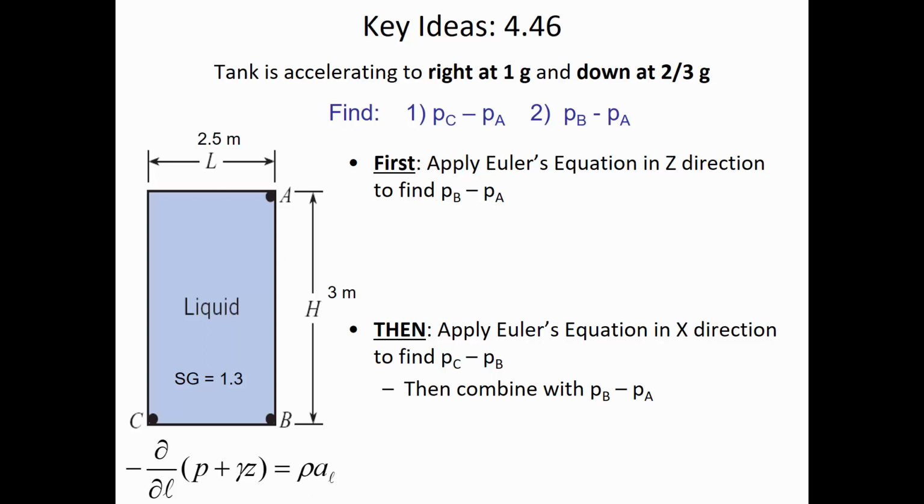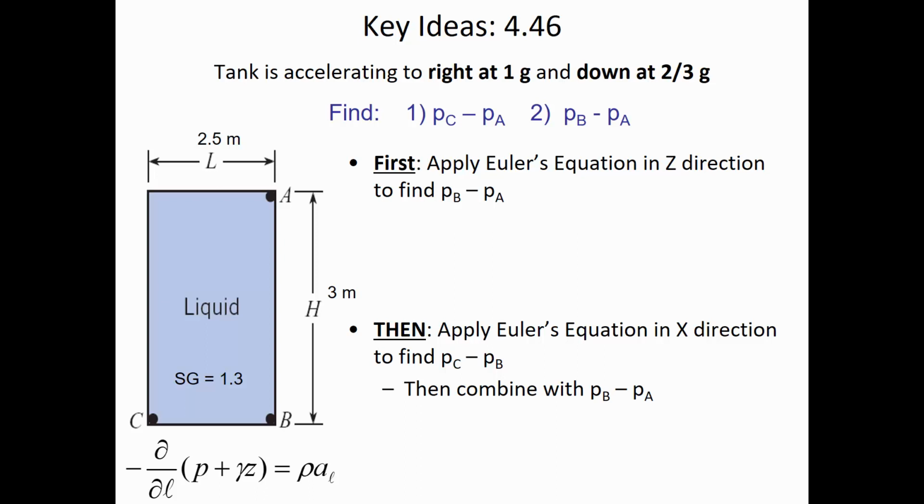They didn't ask it directly, but you have to do that in order to find PC minus PA. So in other words, you can't just go straight from A to C. You have to go from A to B and then from B to C in order to find the pressure difference between A and C.